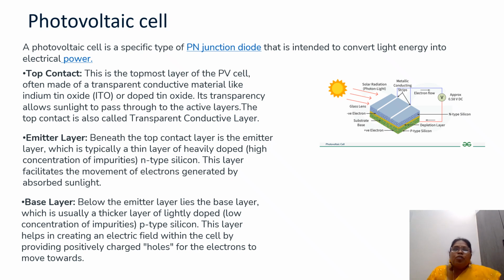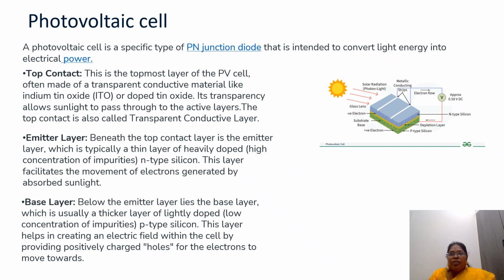So next comes the photovoltaic cell. A photovoltaic cell is nothing but a PN junction diode. This also converts light energy into electrical power. Here it has three layers: the top layer, the emitter layer, and the base layer.